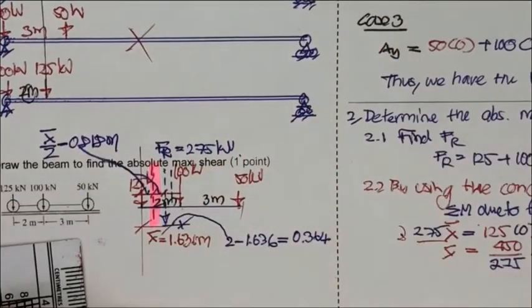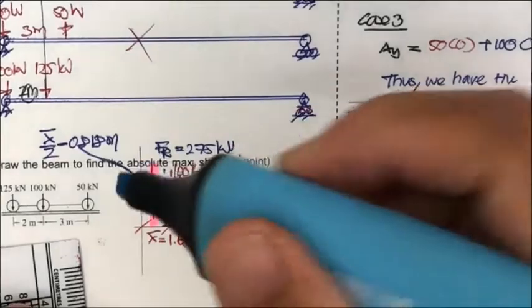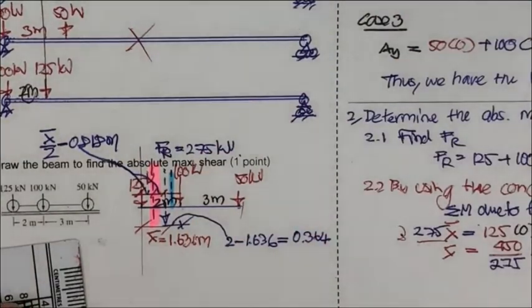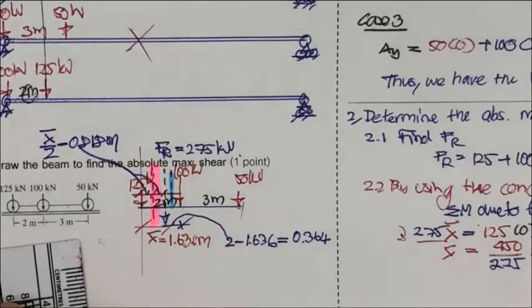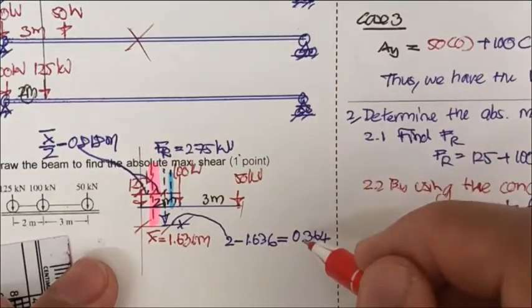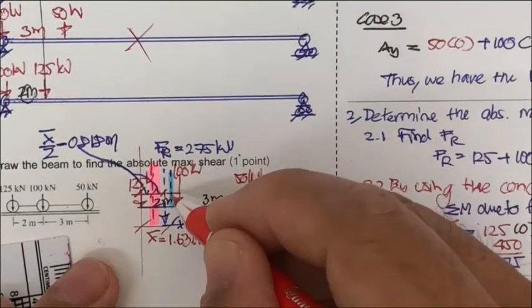You may put this blue line over here, and we will also put this light blue line at the midspan of the beam later.